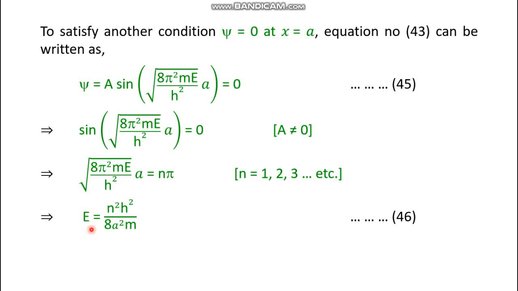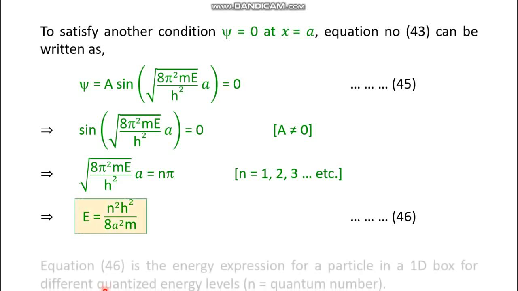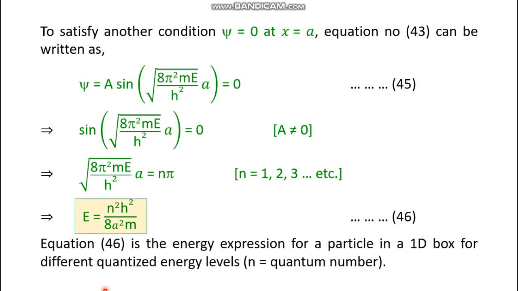For simplification we are just expressing it simply as E. So the energy expression we have obtained here is equation number 46, and n is the quantum number of the different energy levels. Let's block this, and here is the description of equation number 46. Equation 46 is the energy expression for a particle in a one-dimensional box for different quantized energy levels, where n is the quantum number.